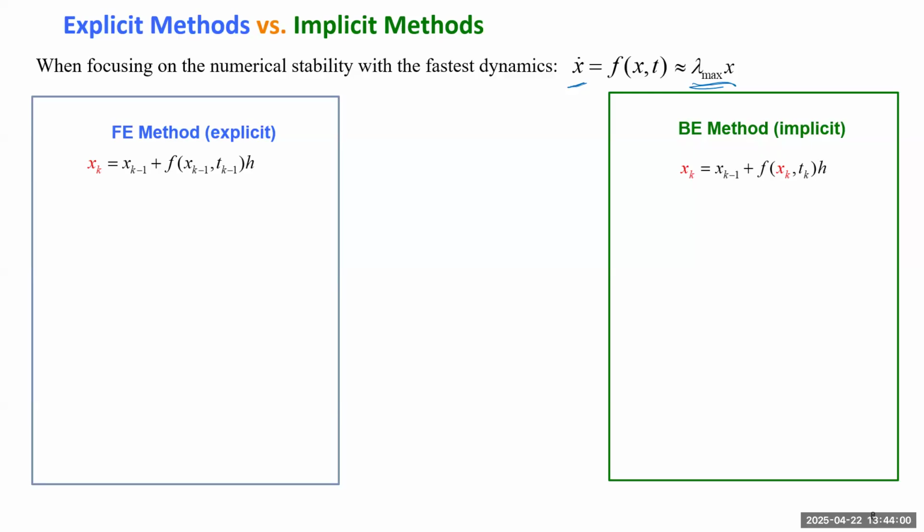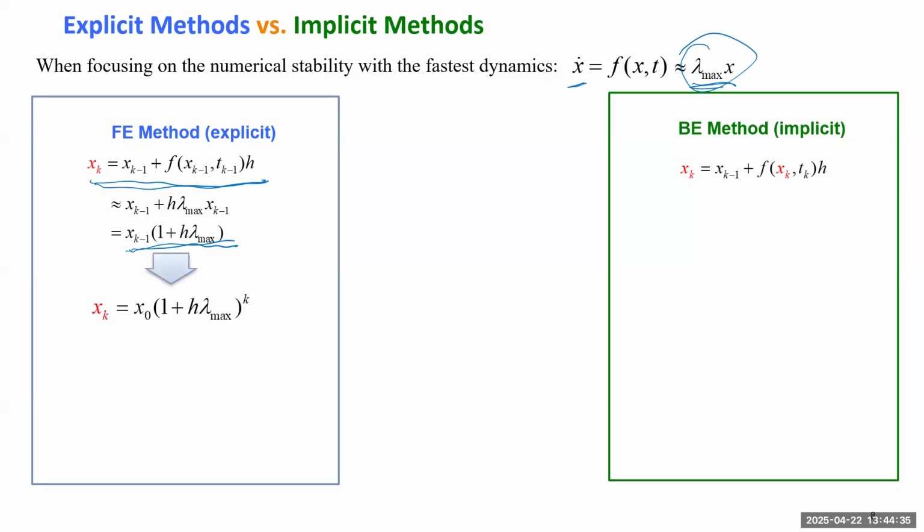If we want to simulate this system using the forward Euler method, which is an explicit method, we use this formula to calculate from one step to the next step. We plug this in to approximate the original differential equation, and after some simplification, this tells how the state variable changes after one time step.